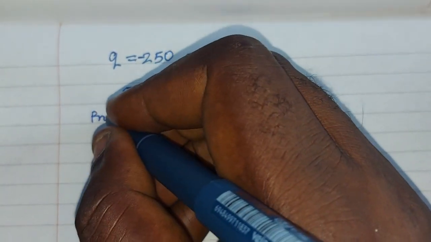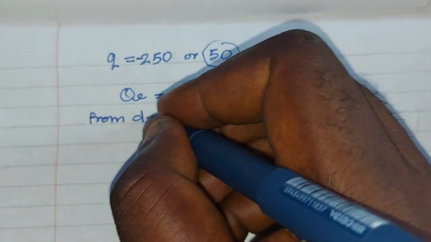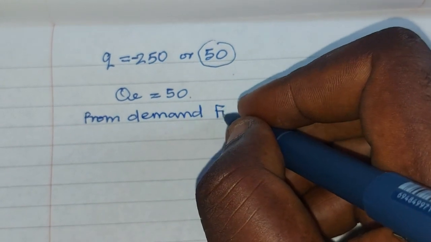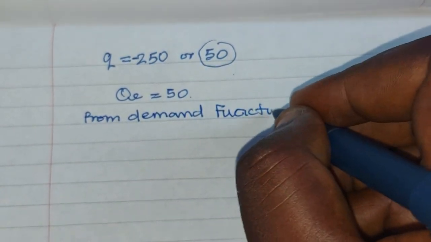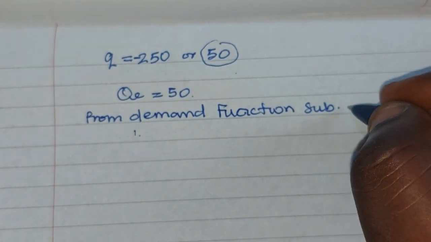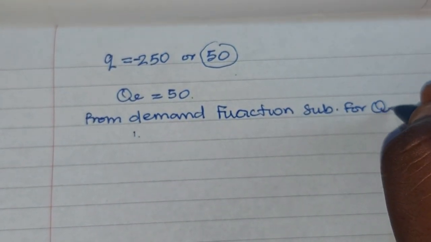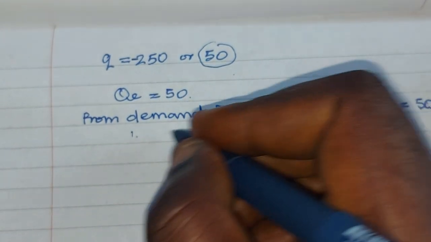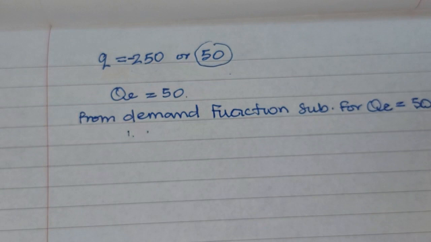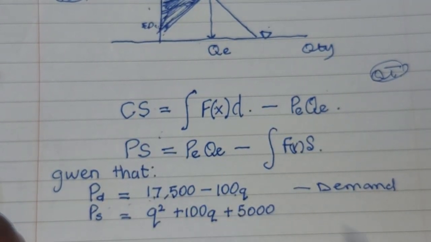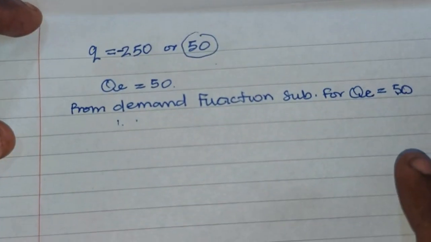So from the demand function, or you can do the supply function, any one, from the demand function, substitute for Q equals 50. All right, so the demand function from that question is 17,500 minus 100Q. So what do you have?